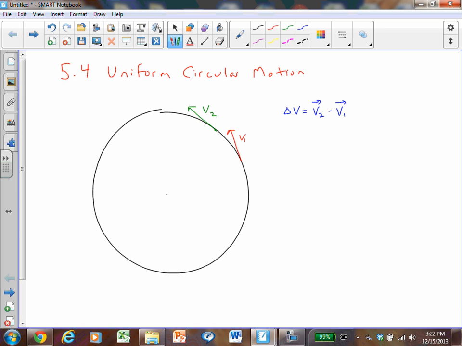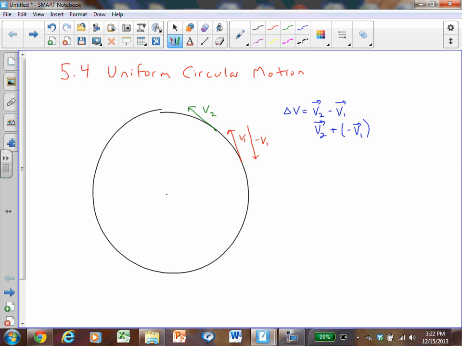You can think of it as the sum of v2 plus minus v1. So minus v1 would look like that.